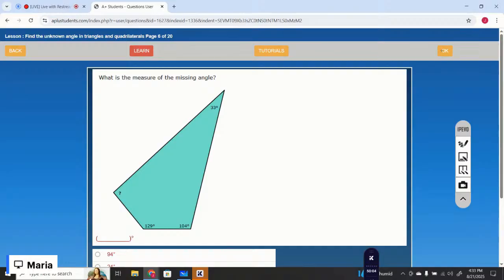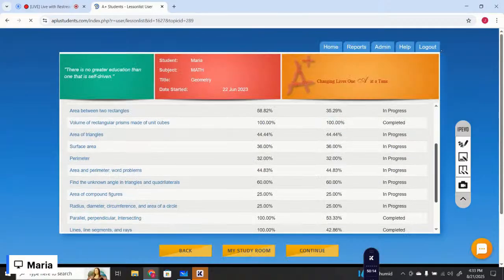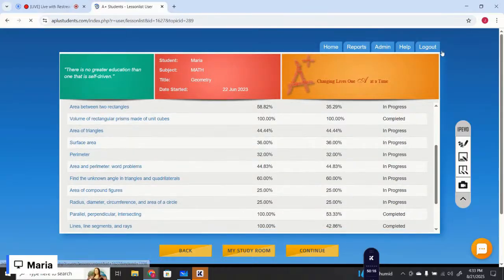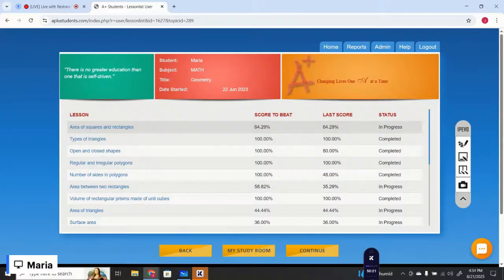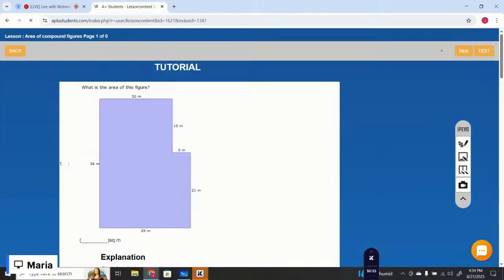The next lesson is the area of compound figures, but we'll do area of compound figures in the next session because that is a bit difficult to understand. So I think I can explain one or two examples, then we'll cover it in the next session.